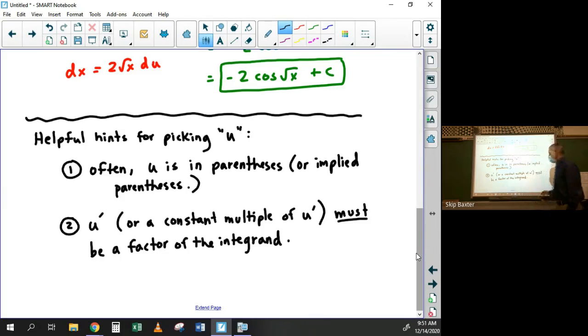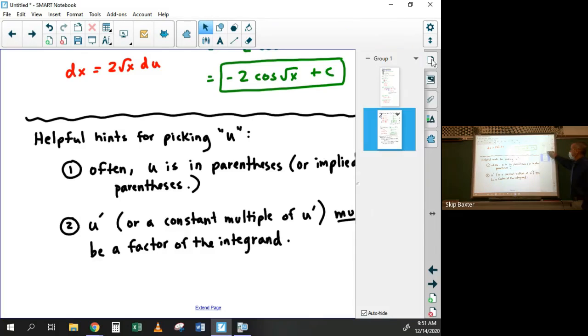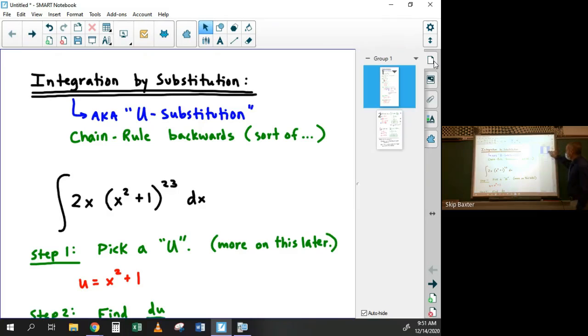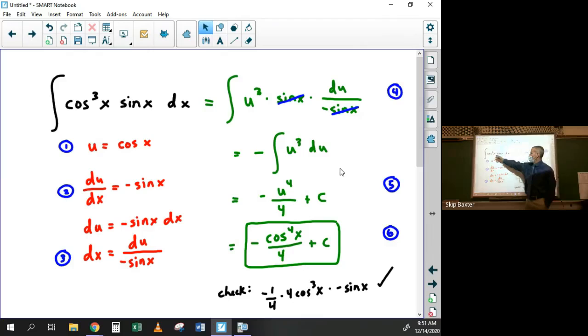Okay, so let's go through the three examples again. If you look at the first one, this was u, right? u prime would be 2x, and there it is right there, a factor of the integrand, 2x. If you look at the second example, we picked u to be cosine. Its derivative is negative sine. Well, here's a constant multiple of that, right? This is -1 times negative sine x. It's a constant multiple of the derivative of the thing that we wanted u to be, which is cosine x.